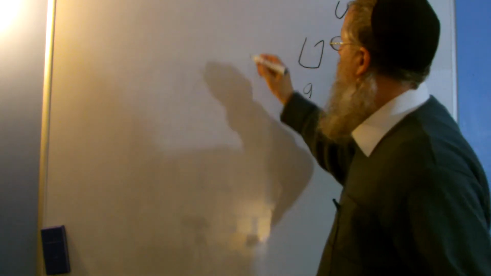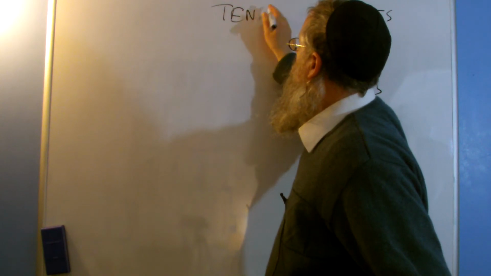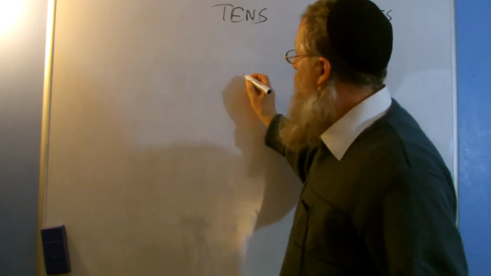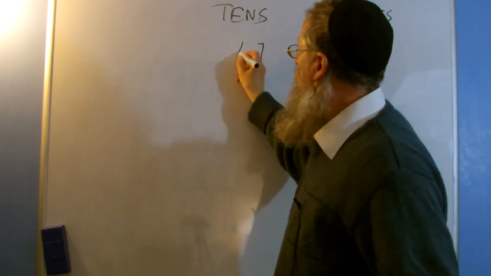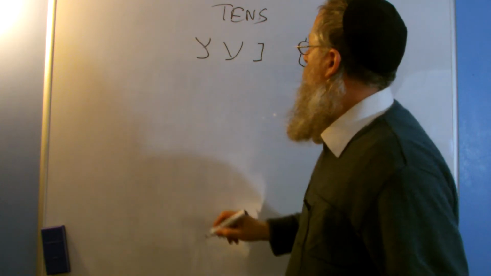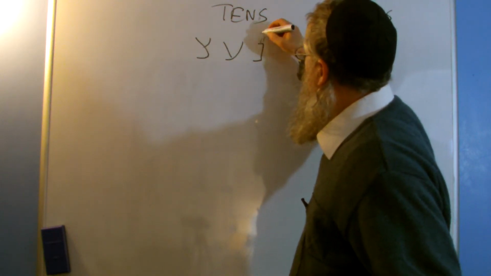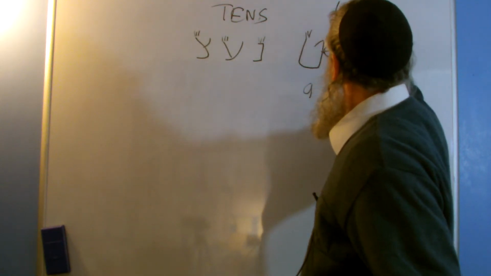And then you come to the tens, and we have Nun, the letter Nun, which I showed you just now, the Ayin, and the Tzadi. And they all have crowns on. Every one.